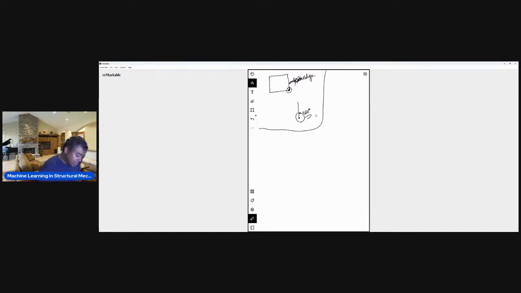So at least from an architectural point of view, what we were looking at is first figure out all the features. Those could be vertices, could be edges, could be faces, whatever.